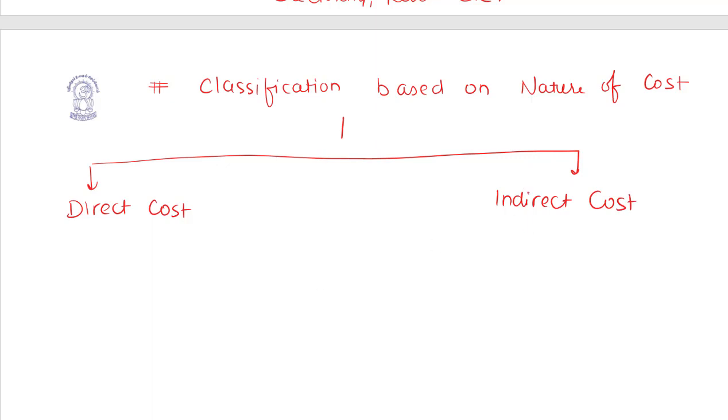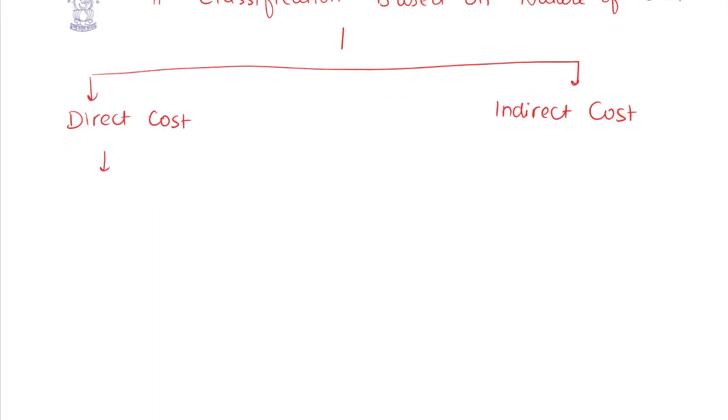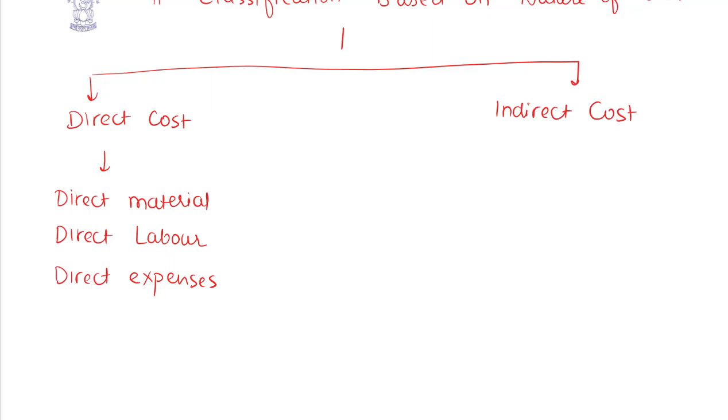Direct cost consists of three types of cost: direct material, direct labor, and direct expenses. Together, these costs are known as prime cost.